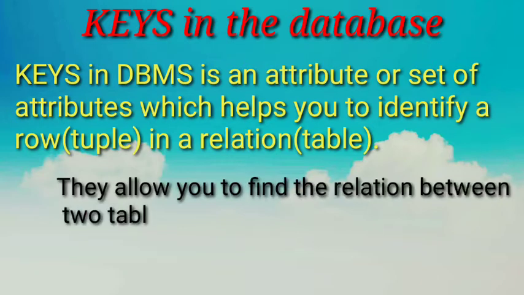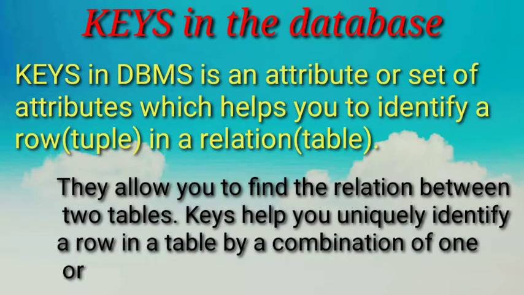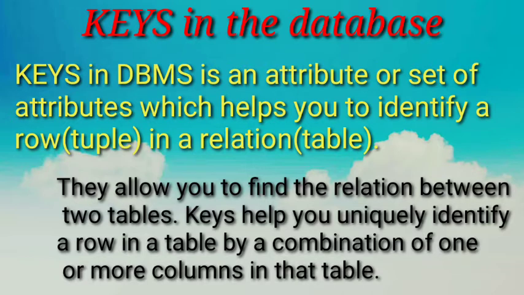Keys also help you to find the relationship between the two tables. It helps you to uniquely identify a row in a table by a combination of one or more columns in that table. So in short, you can say that the rows in a table, or a tuple in a relation, can be identified by its columns or attributes, which is termed as keys.